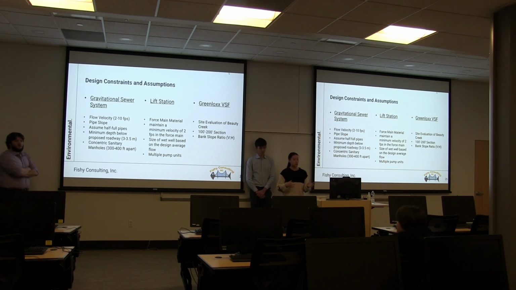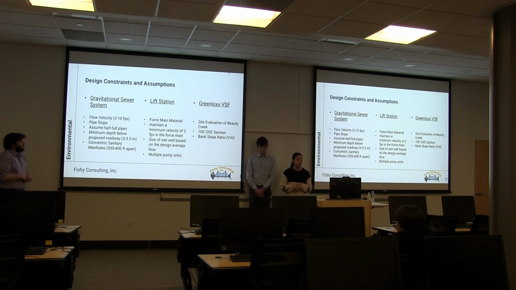They would be about 300 to 400 feet apart and 48 inches in diameter, as that is a standard manhole size. In addition, the minimum depth of the sewer lines under the proposed roadway would be about 3 to 3.5 meters, as it will help keep a good separation between water lines and sewer mains, and account for potential underground facilities along the way.